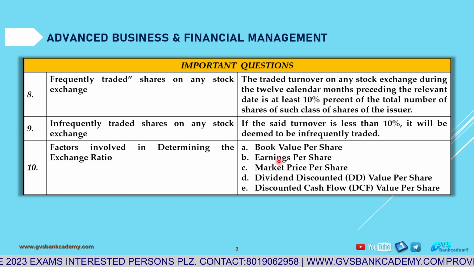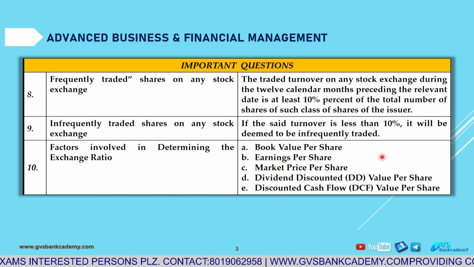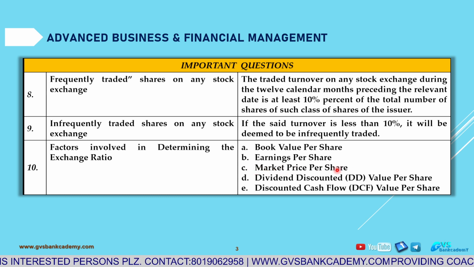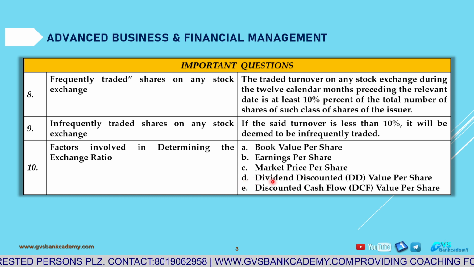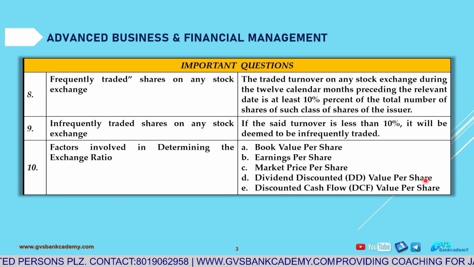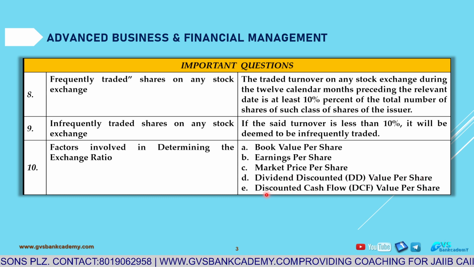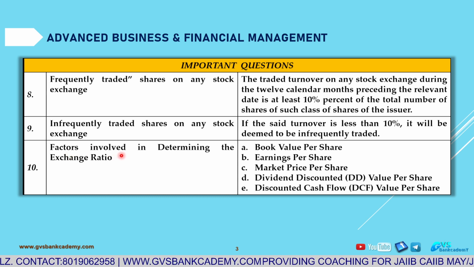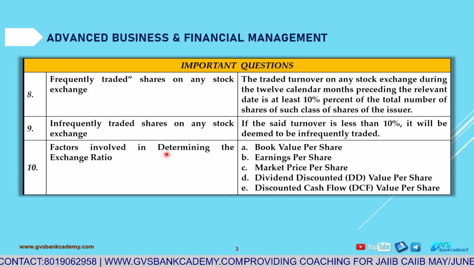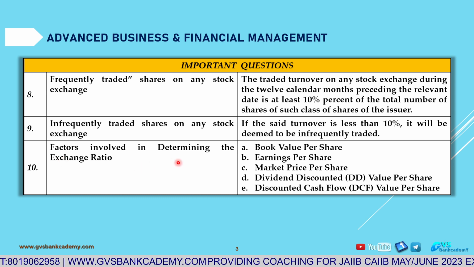Earning per share, EPS, is net profit after tax divided by number of equity shares. Market price per share, the market price in the stock exchange. D. Dividend discounted value per share. Discounted cash flow value per share.